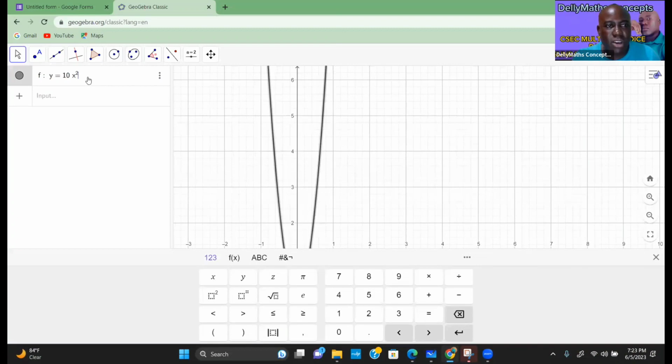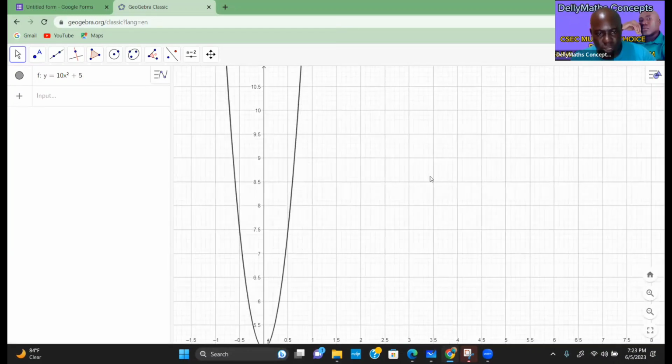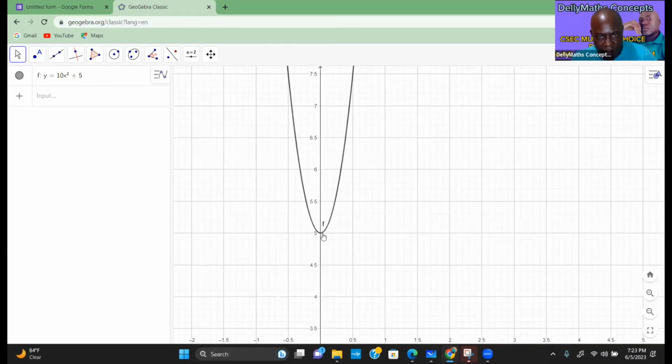Now, if I change the number at the back, if I put 10x squared plus 5, it's going to move up the y-axis and go to 5. See there, on the y-axis, it has gone to 5.